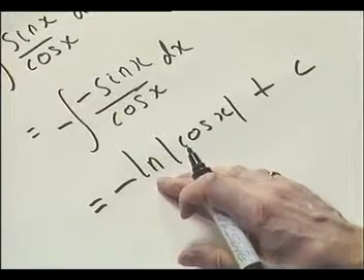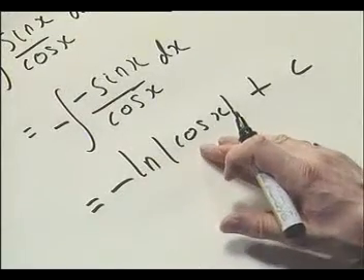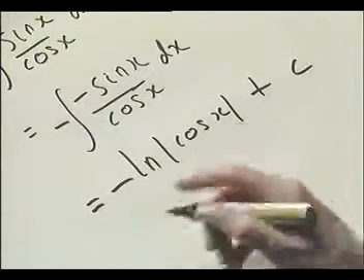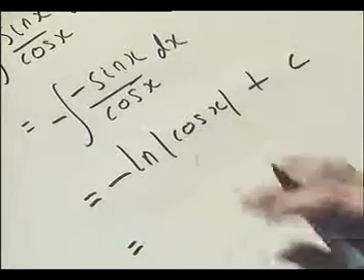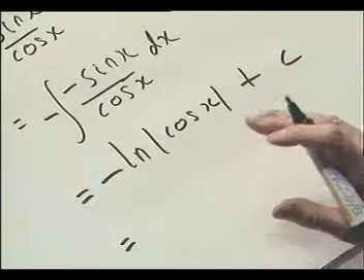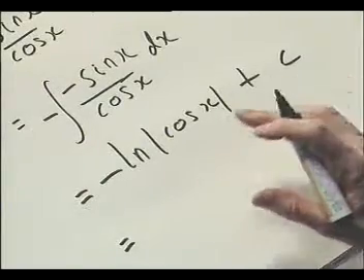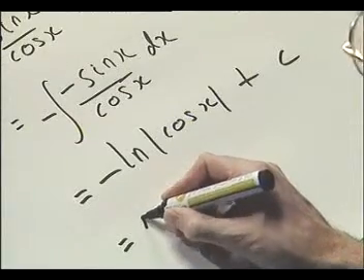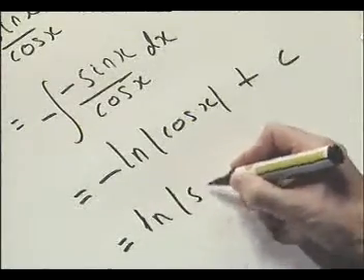We're subtracting a log, which means we're dividing by what's within the log function. So we're dividing by cos, and that's 1 over cos, and that's sec. So this is log of sec x plus c.